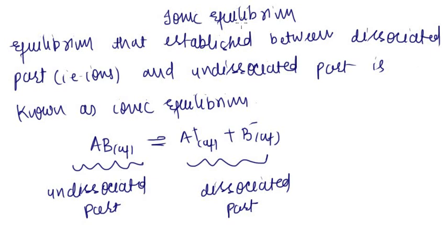This is the basic definition of ionic equilibrium. The equilibrium is established between them, the rate of forward and rate of backward are both equal. The same case we have seen in chemical equilibrium.